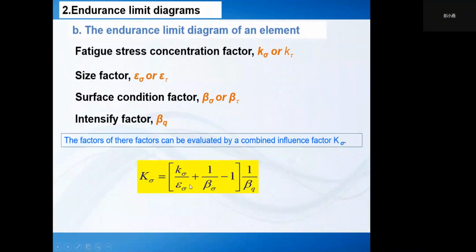This K sigma can be expressed as this, where this is the stress concentration factor, epsilon sigma is the size factor, beta sigma is the surface condition factor, and beta Q is the intensity factor.